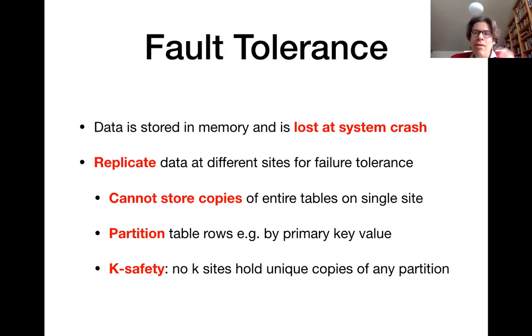So this is about being smart about how you distribute those different copies of your table partitions across the nodes in the cluster in order to make sure that you don't lose any data as long as not too many nodes crash at the same time.